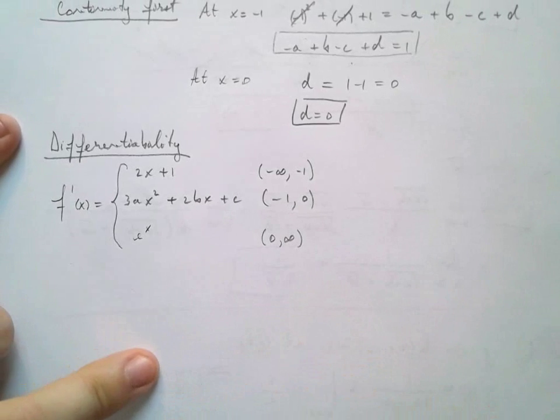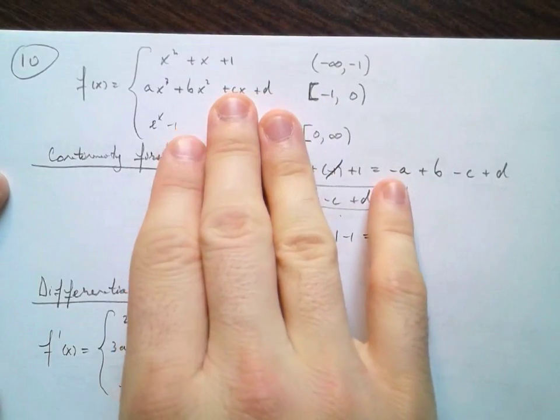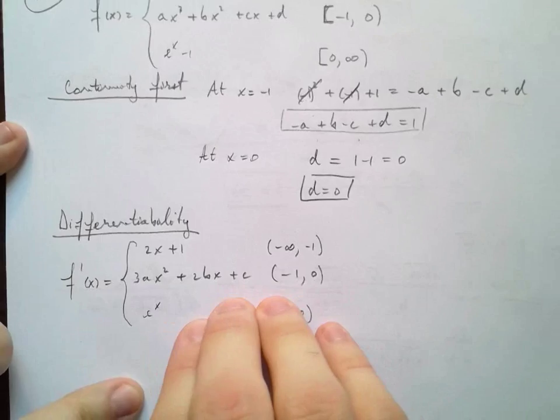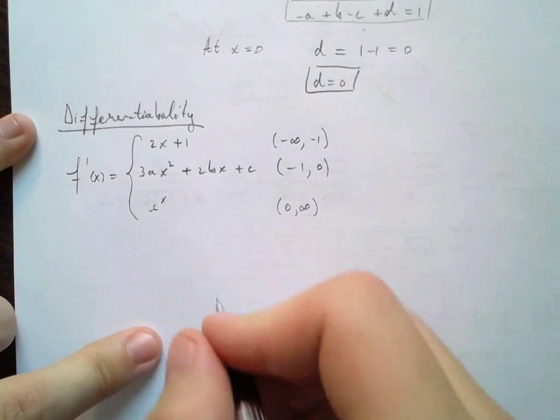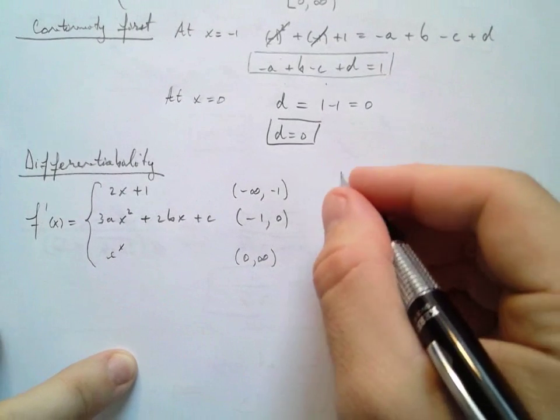And in order for the original function f to be differentiable, I need my derivative to be continuous, right? So now I need continuity of the derivative. So let's see, what do I get?